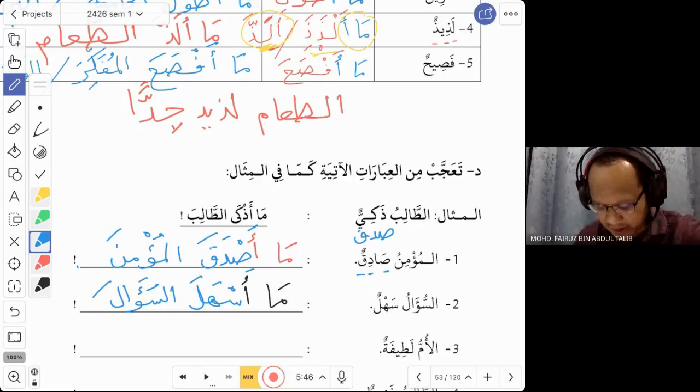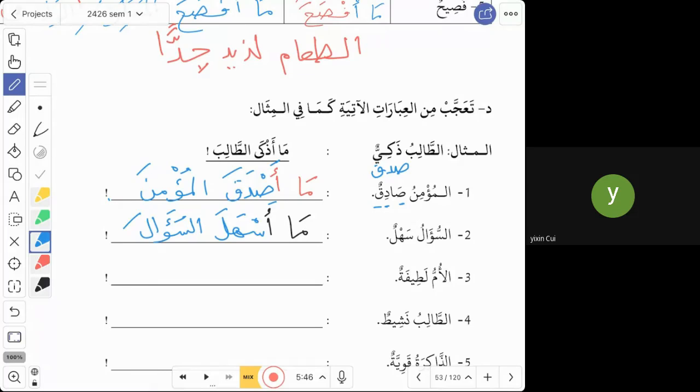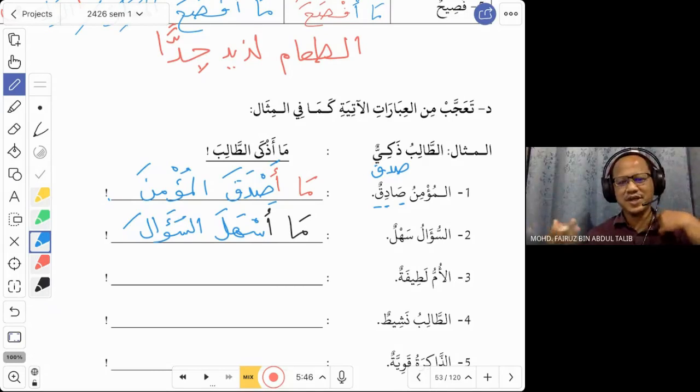Number 3. Latifa. Latifa is not her name. Latif means nice, gentle. So many meanings for the word latif. Okay. So ta'ajjub.